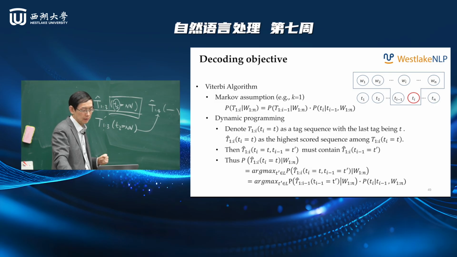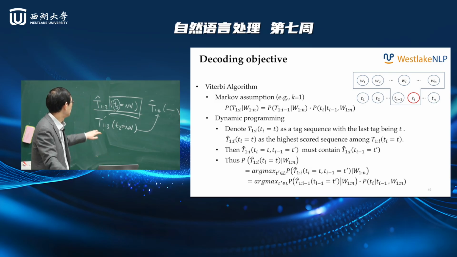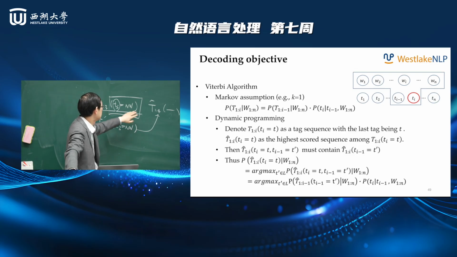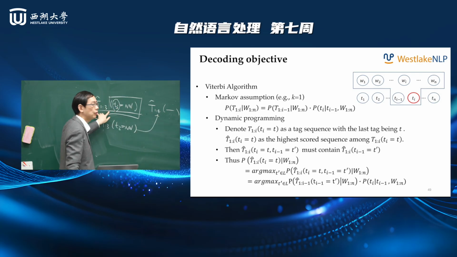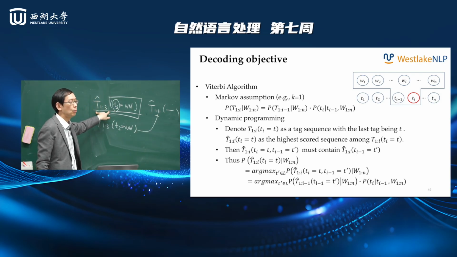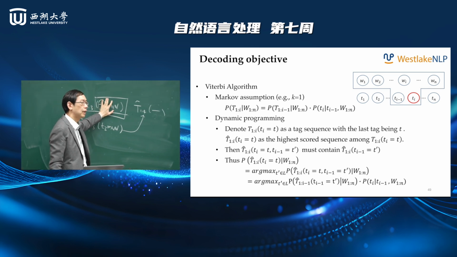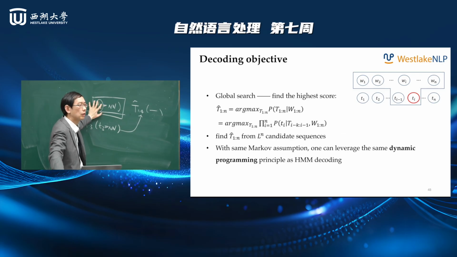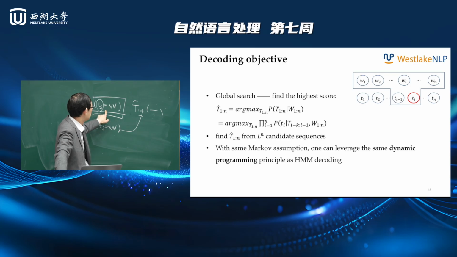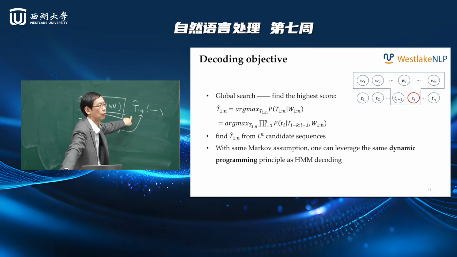So when you build the highest scored subsequence from 1 to 4, you want to find what kind of optimal subsequence from 1 to 3 it must contain. Maybe originally you assume that t hat 1 to 4 just contains t hat 1 to 3, no matter what it is, but you realize no, because we are a first order Markov chain, the last tag here will affect the incremental score from t 1 to 3 to t 1 to 4.